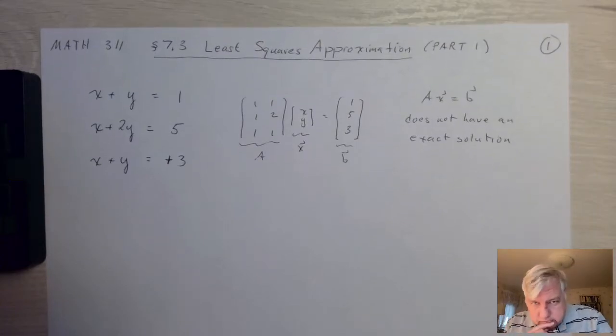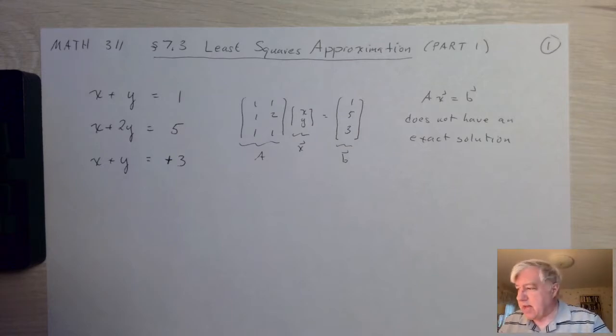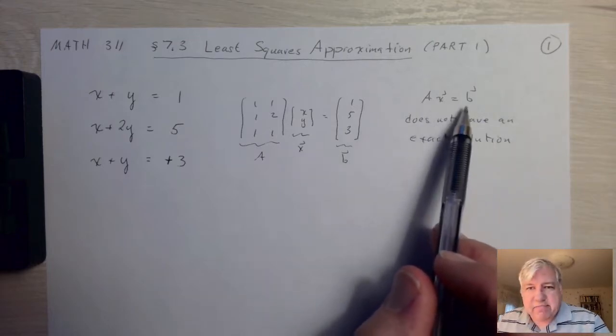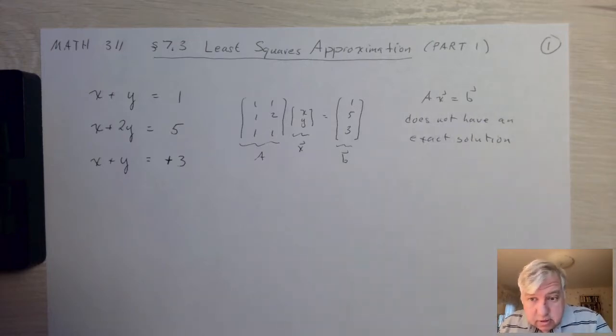Well, let's see what would be the next way to do this. If it doesn't have an exact solution, that is, if Ax minus b can never be 0, well, what's the smallest Ax minus b could be?